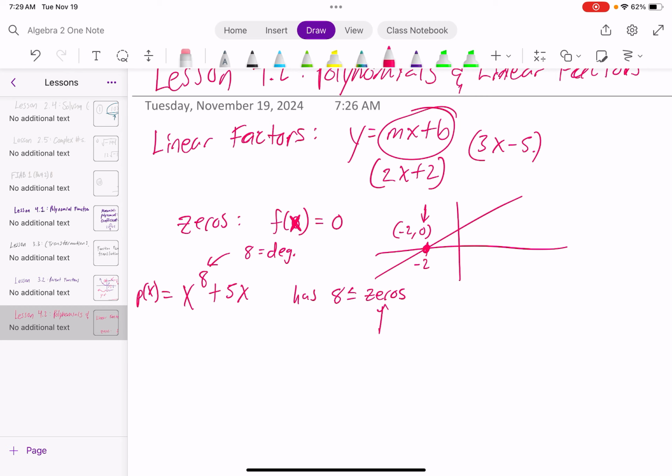The number of zeros is less than or equal to 8. So if your degree is 8, it has at most 8. It could have 8, 7, 6, and so on.